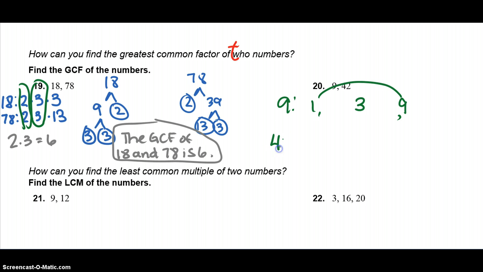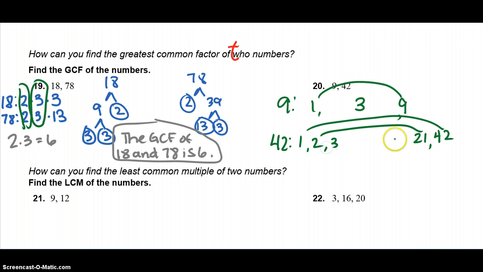And then for 42, again, 1 and 42, it's always 1 and itself. I have 2 and 21. Those match up. I have 3 and 14. And then I also have 6 and 7.